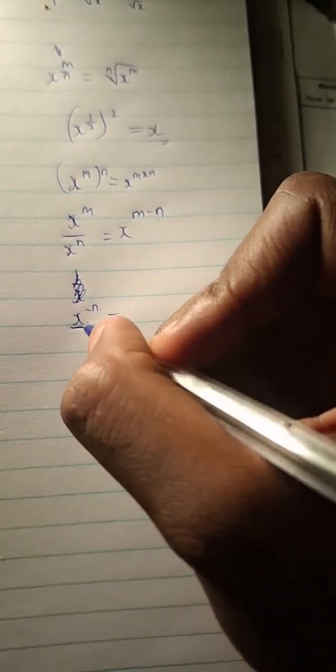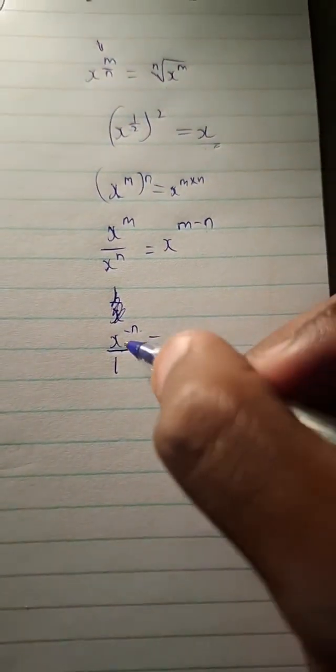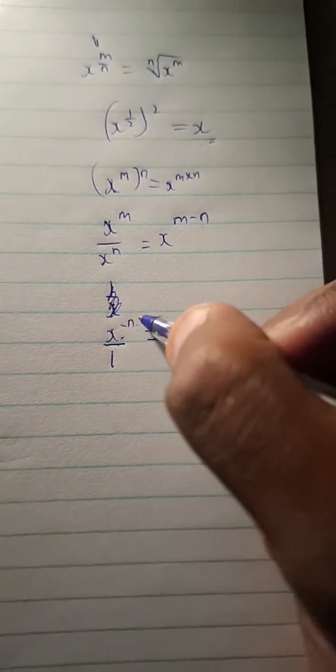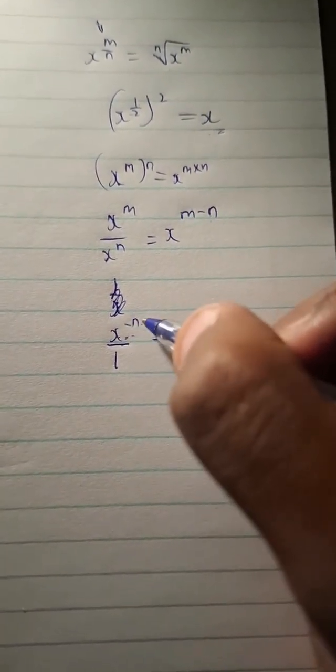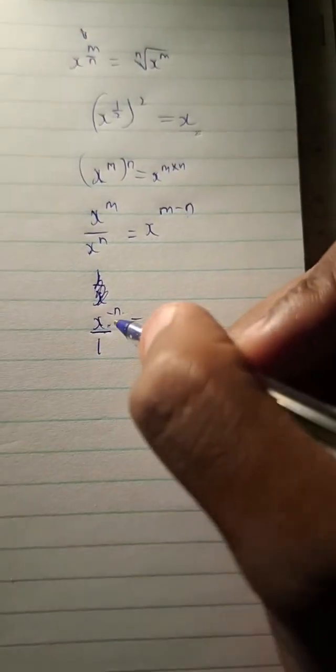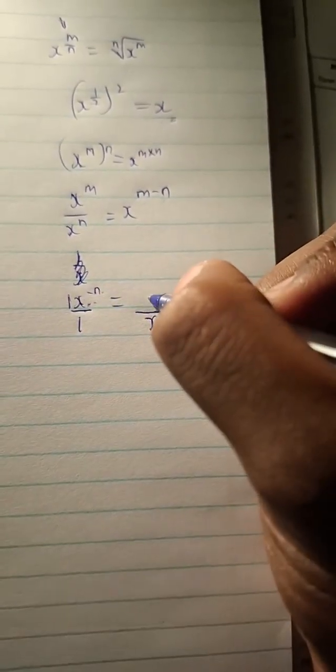The current variable is in the numerator, if you think about it, and it's raised to a negative exponent. But what happens is that the variable changes position. It goes to the denominator. The exponent that is negative changes from negative to positive.